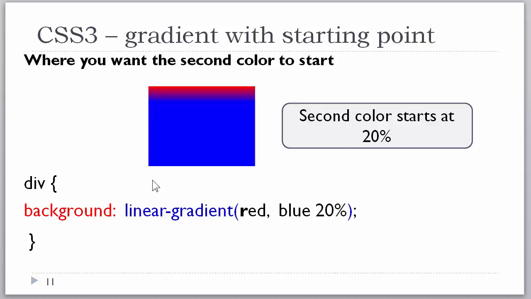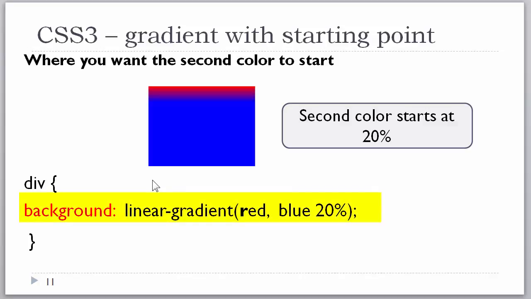All right, now let's look at what are called starting points. Up to this point, we've only worked with two colors, and therefore they're distributed 50% each. However, you can distribute them to start at different points. So supposing we wanted our second color to start at 20%. Let's take a look at our syntax here.